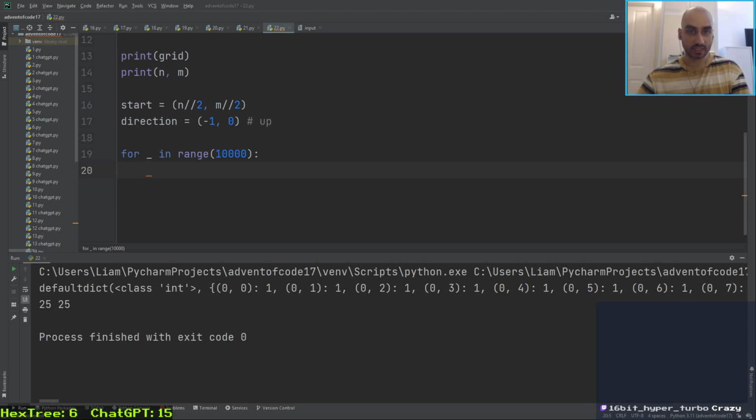Now we just have to do the exact steps. It says first, if current node is infected, turn to the right.